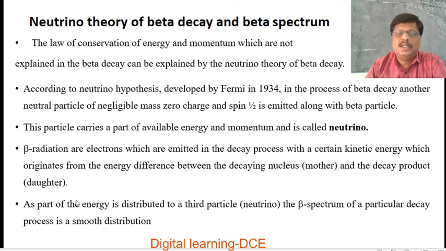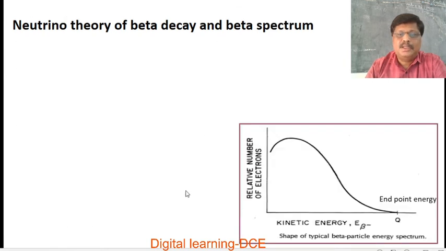So here the total energy, as a part of the energy is distributed to a third particle, neutrino, the beta spectrum of the particular decay process is a smooth distribution, and this smooth curve is explained by Fermi.